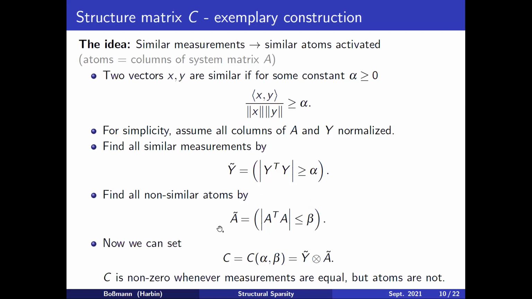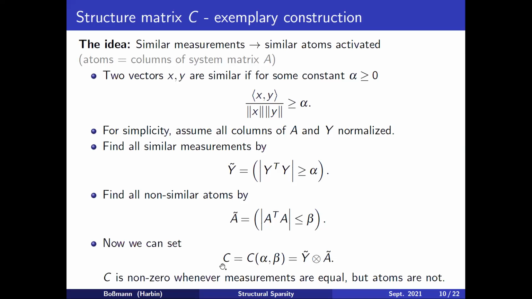So A tilde is exactly 1 for pairs of atoms that are not similar, and Y tilde is exactly 1 for measurements that are similar. And now I can just say the matrix C now depends on these two parameters. We will see more about these parameters later on in the numerical section. I can write C as a Kronecker product of these two matrices.